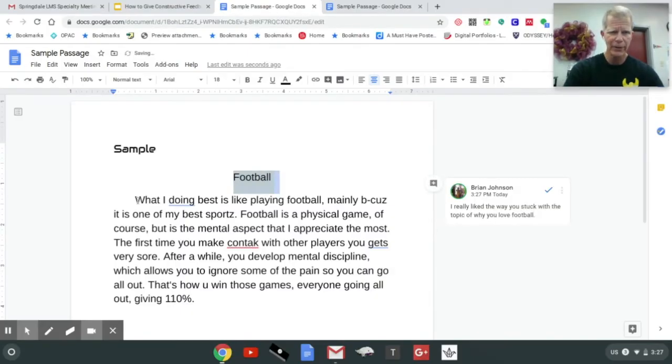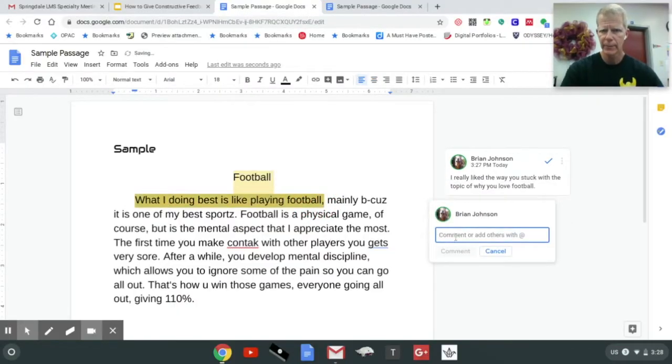And when I read the first sentence here, it says, what I'm doing best is like playing football. This is where I might use a question, because I think they might mean to say something different here. I might say, do you mean what I like best is to play football?